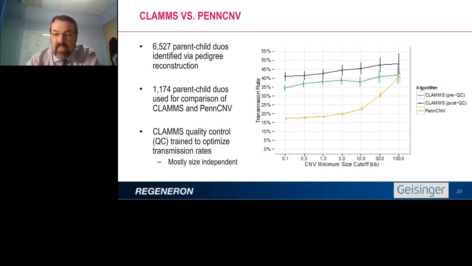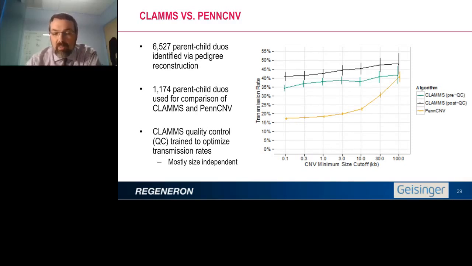It's not the fault of the technology, it's the fact that the spacing of probes on a CNV array tends to be farther apart, and so it becomes essentially impossible to ascertain copy number variation at a small scale. Whereas with exome sequencing, because we're doing high resolution sequencing in the regions that we're targeting, we can maintain a transmission rate between 40 and 50% all the way across the spectrum of size.